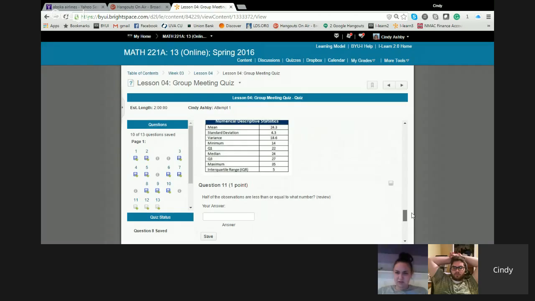The ACT scores of students admitted to a medium-sized public university in the western United States were taken from a website. The following summary statistics were calculated. Half of the observations were less than or equal to the median, 24, right?